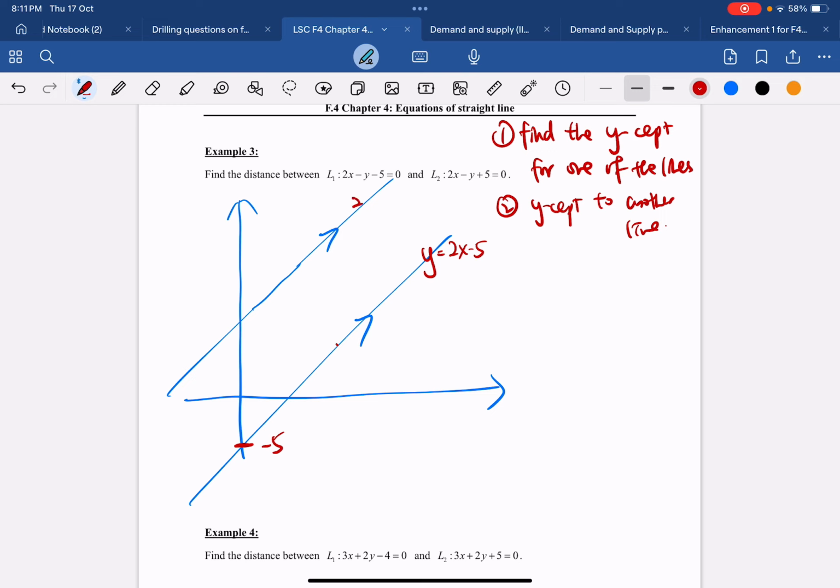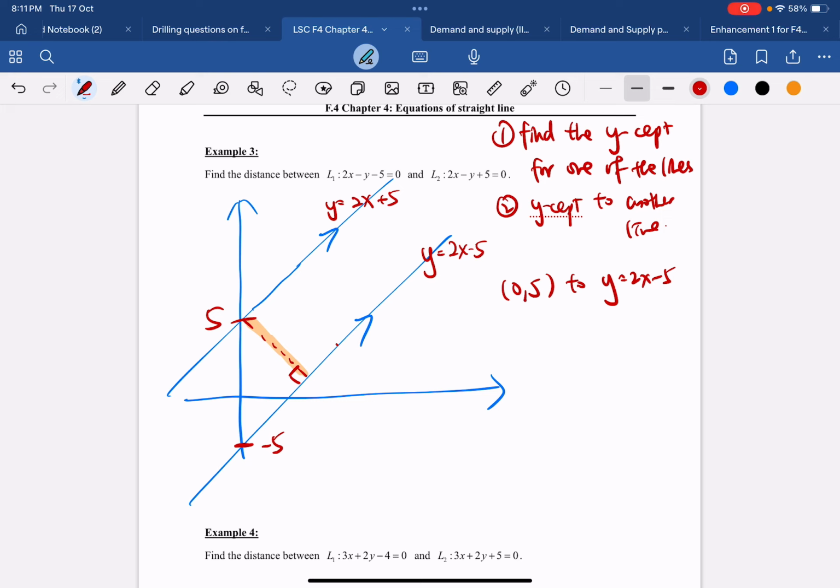So L2 is this one, y equals 2x plus 5. So here's 5. This time they gave us the y-intercept already, and we need to find this distance, right? So can you see we are finding the distance of (0, 5) to the line y equals 2x minus 5.